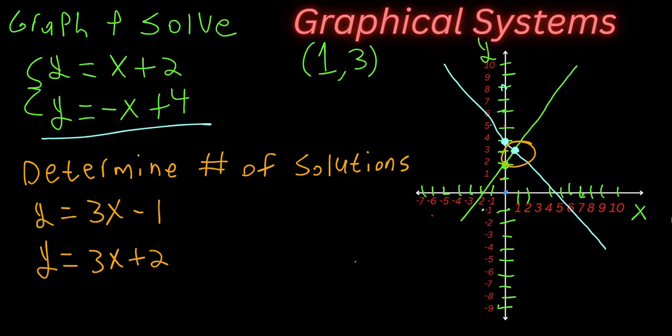And now we can plug this in. Does 3 equal 1 plus 2? And we know it does. And again, does 3 equal -1 plus 4? And again, we know that it does.